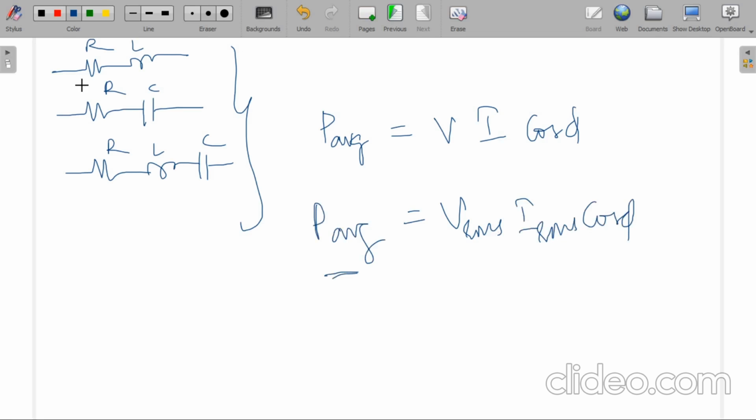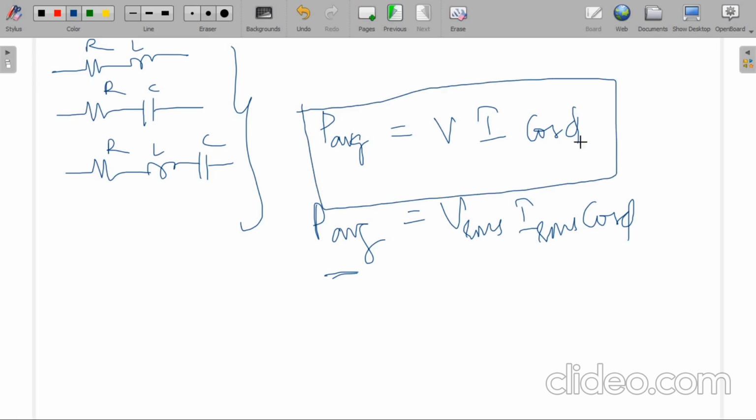So this is lagging load, this is leading load, and this may be lagging or leading depending upon the values of L and C. Anyhow, average power will be VI cos phi.